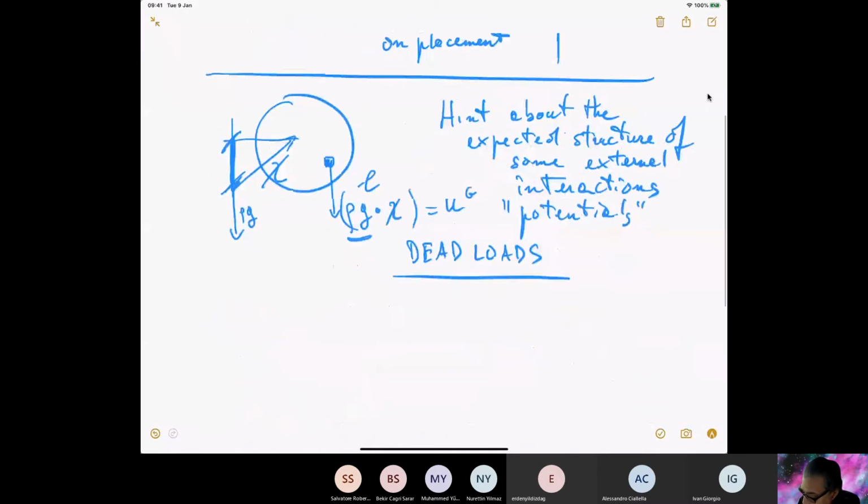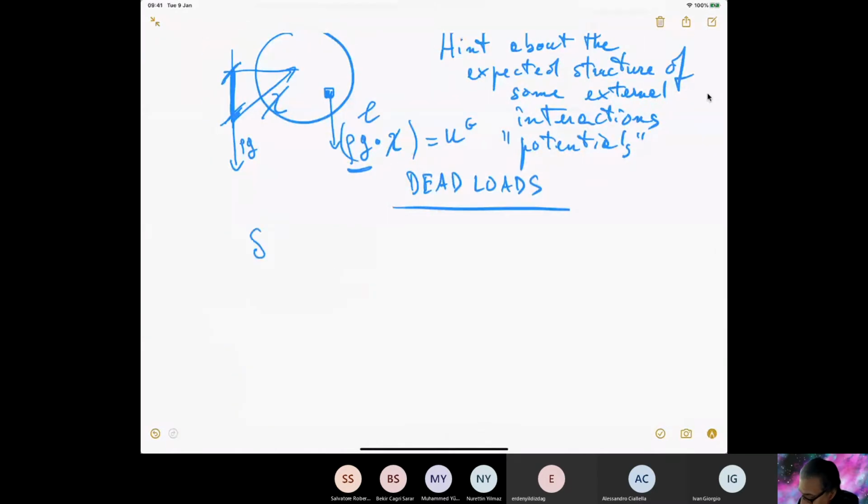When you integrate by parts the expression for the first variation of deformation energy, this is the first expression for deformation energy.